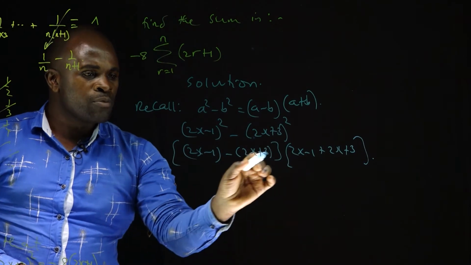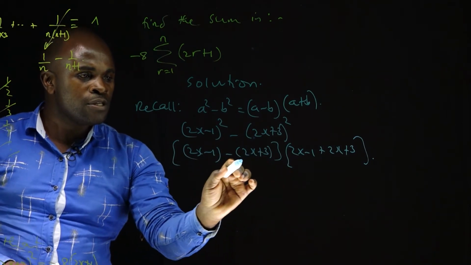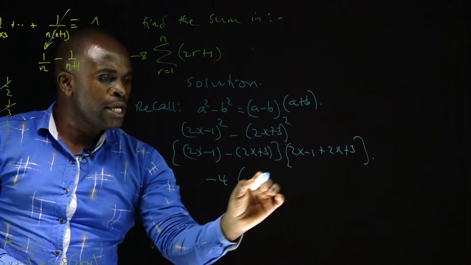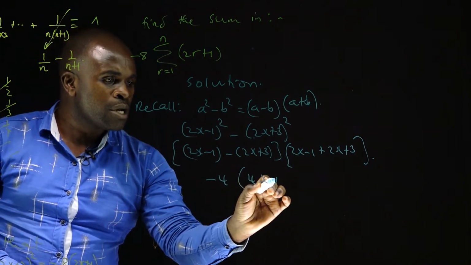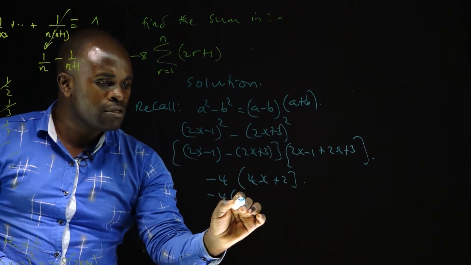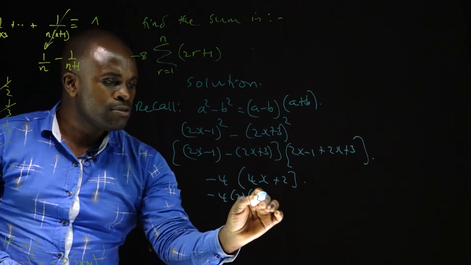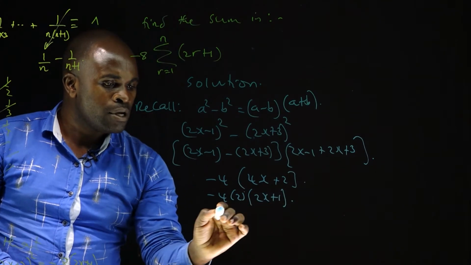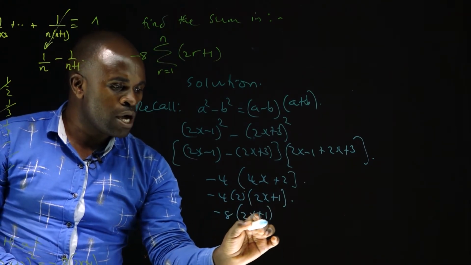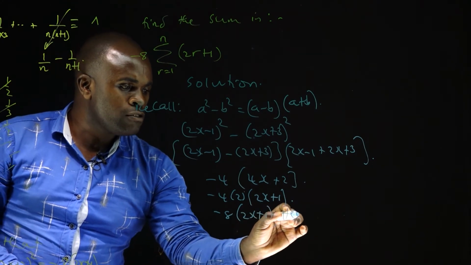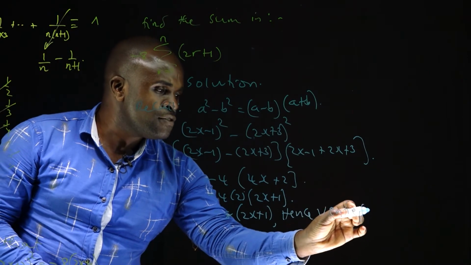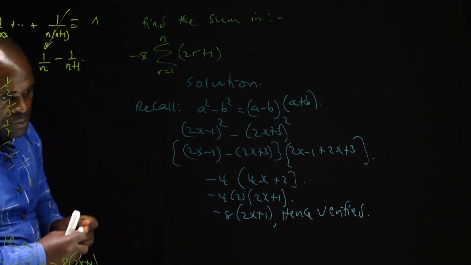Avoiding brackets, you'll find cancellation: negative 4, and here 4x plus 2. Bring this 2 outside: negative 4 times 2, and here 2x plus 1, giving negative 8(2x plus 1). We say hence verified.